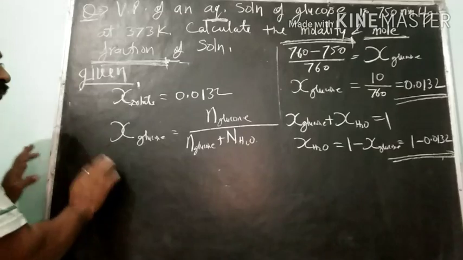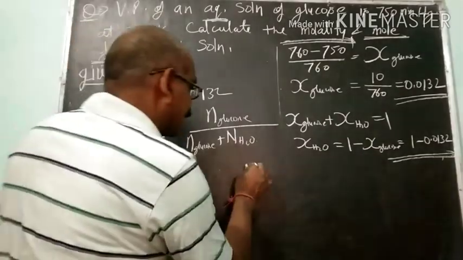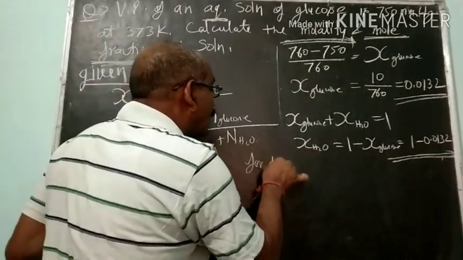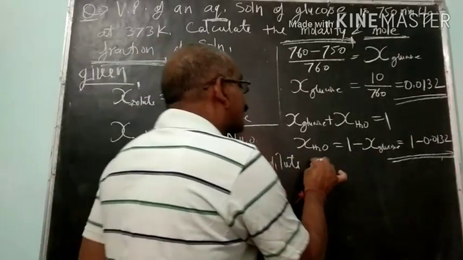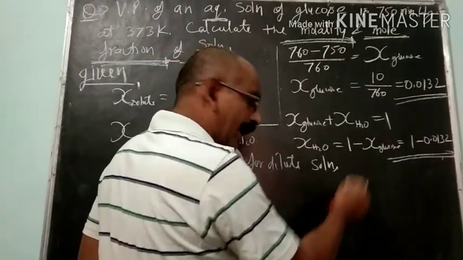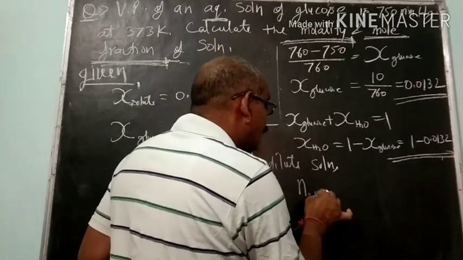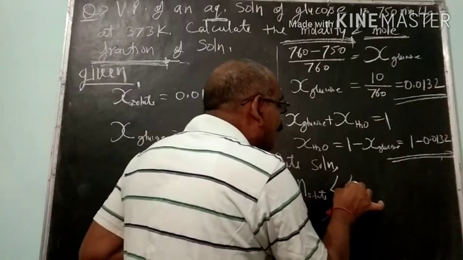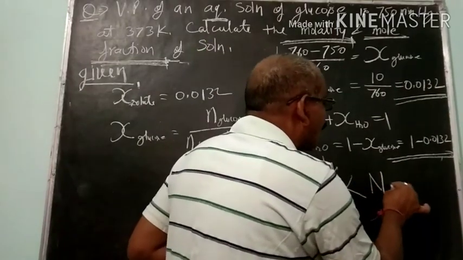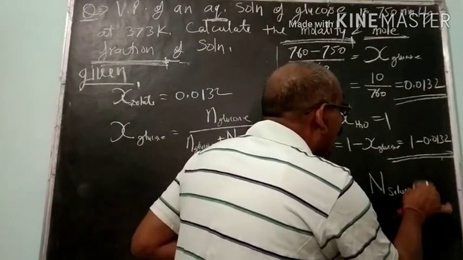Is it clear? Remember, in a dilute solution the number of moles of solute is very much less than the number of moles of the solvent.